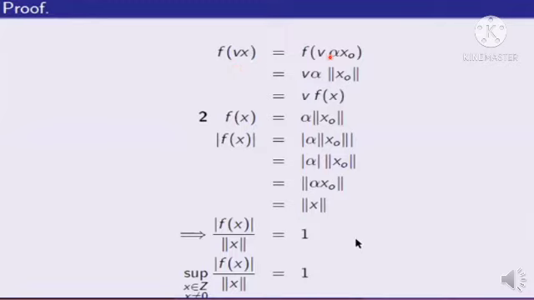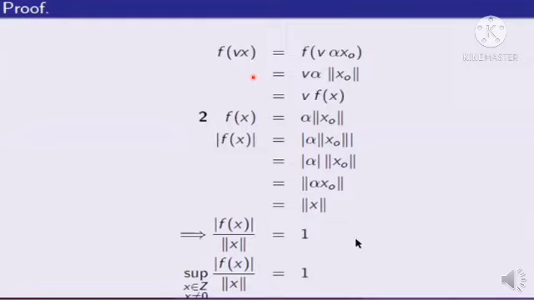If f acts on this, then v alpha comes outside, times the norm of x0. So as alpha times the norm of x0 is equal to f of x, we get f of v x is equal to v f of x. So the two conditions of a linear functional are satisfied.